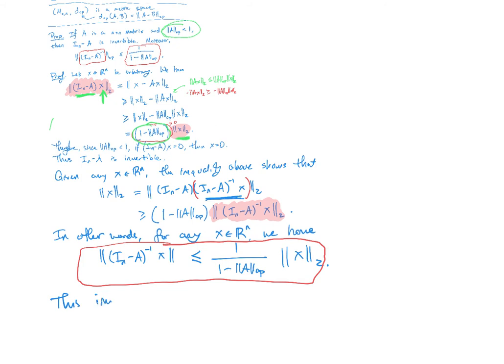This implies that the operator norm, oops, that was a 2 norm there. The operator norm of the inverse of (I_n minus A) is at most 1 over 1 minus the operator norm of A.